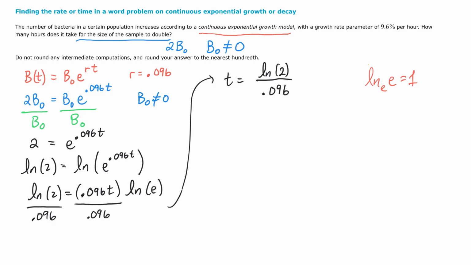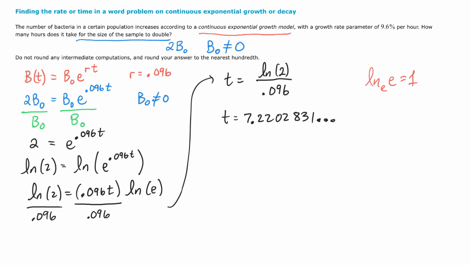Let's find T. Use a calculator. Type in ln of 2 divided by decimal 0.096, you should get 7.22022831, and this continues on.